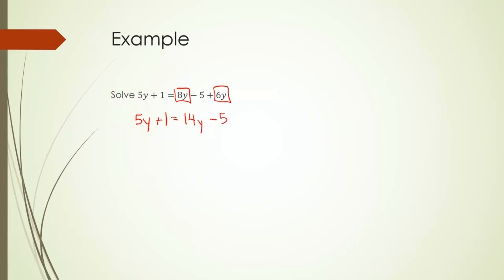So now I'm back to the previous example where we had 2 things equals 2 things. And so this, I want to have my y's on the left. Whatever is with the variable, that has to go on the left side. So I need to move the 14y. So I'm going to ask you guys this. Am I going to add 14y to both sides, or am I going to subtract 14y from both sides?